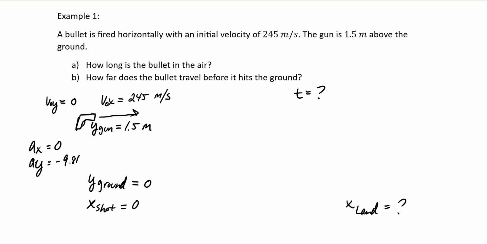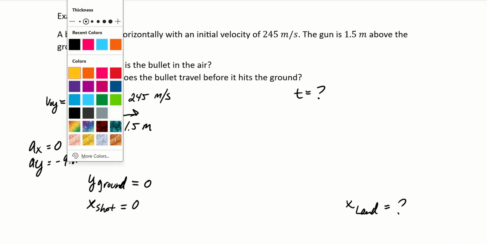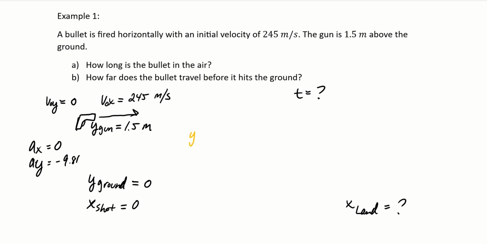So I can use my favorite equation. I'll do it in this kind of yellow color. So y equals 1/2 a t squared plus initial velocity times time plus our initial position. So my initial position, where I'm starting from, is the chamber of the gun, and so I know the gun is 1.5 meters above the ground.